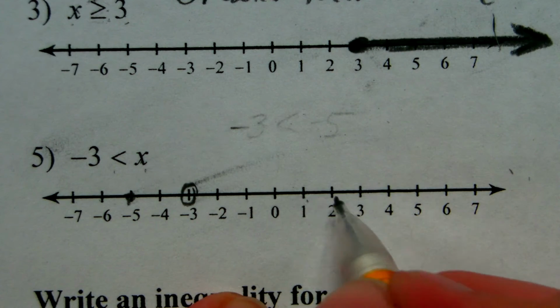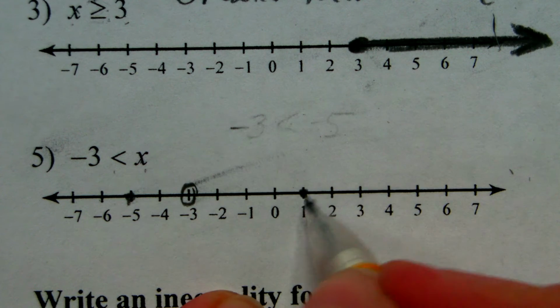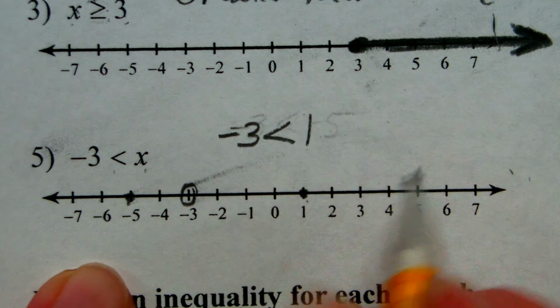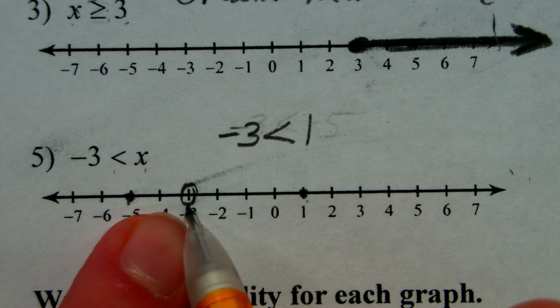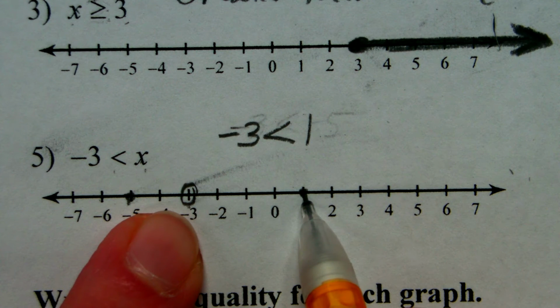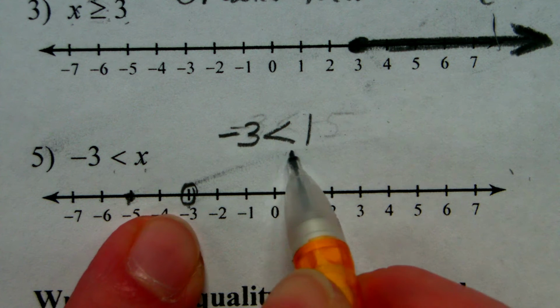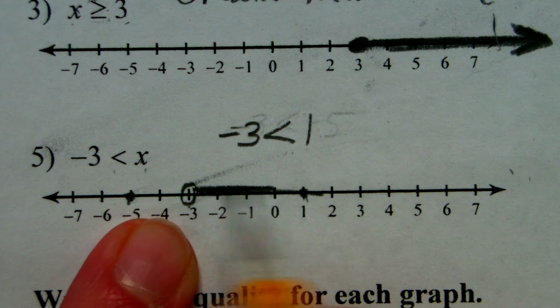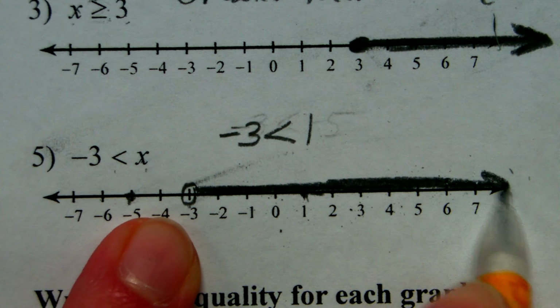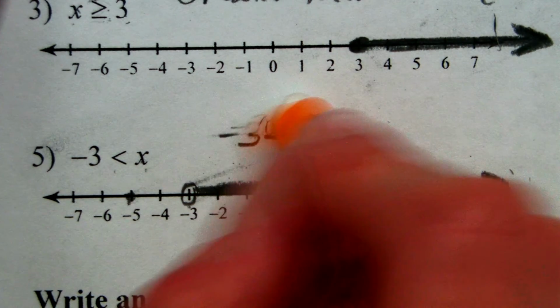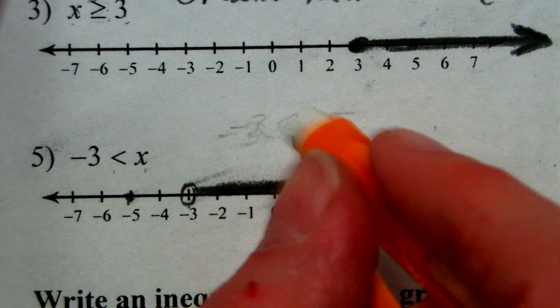Let's say I want to try +1. So I could try -3 is less than +1. Well, -3 is on the left, and +1's on the right, and all the numbers on the right-hand side are bigger. That's true. So I know that this side of the inequality is the numbers that are going to make it true. Now I think it's a little weird with the negatives sometimes to figure that out.